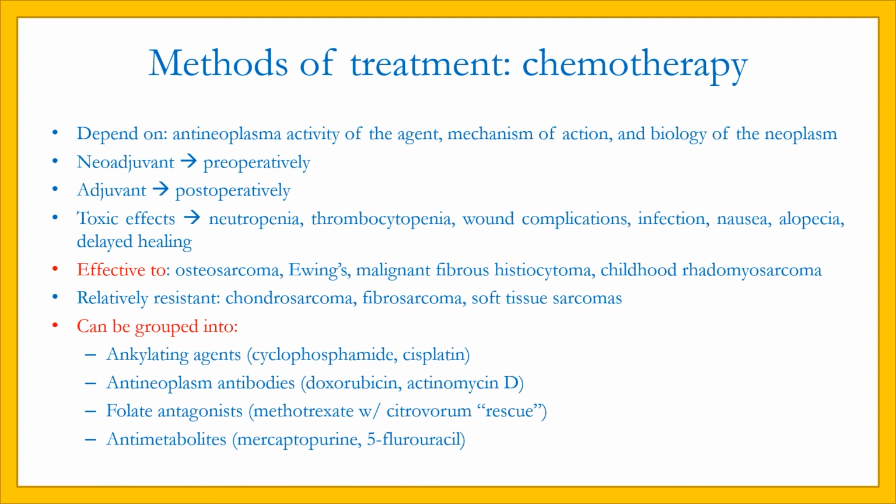Agents can be grouped into 1. Alkylating agents, such as cyclophosphamide and cisplatin. 2. Antineoplastic antibiotics, such as doxorubicin and actinomycin D. 3. Folate antagonists, such as methotrexate with citrovorum rescue. 4. Antimetabolites, such as mercaptopurine, and 5. Fluorouracil.